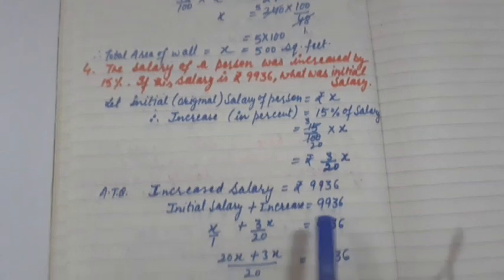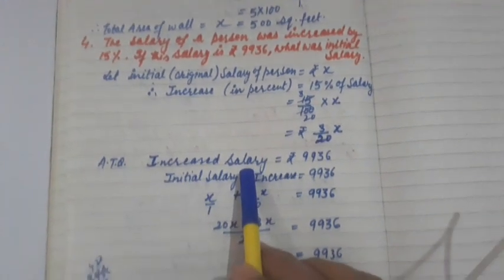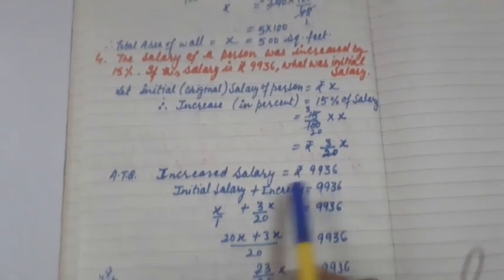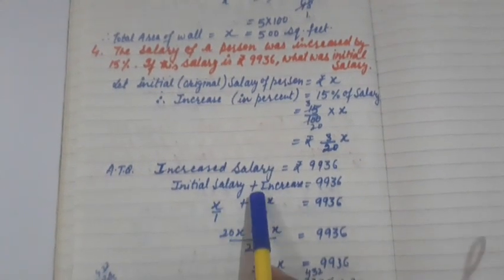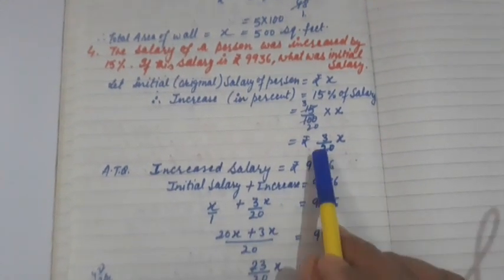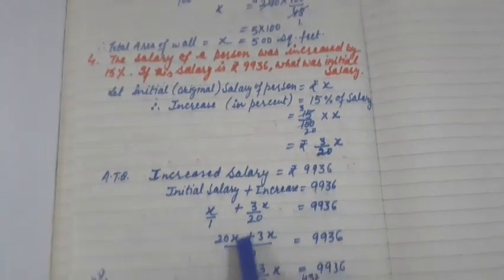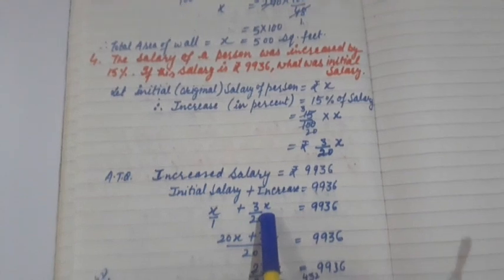Now according to the question, the increased salary is 9936, which is equal to the initial salary plus the increase. The initial salary is x, so it is x plus 3 upon 20x.